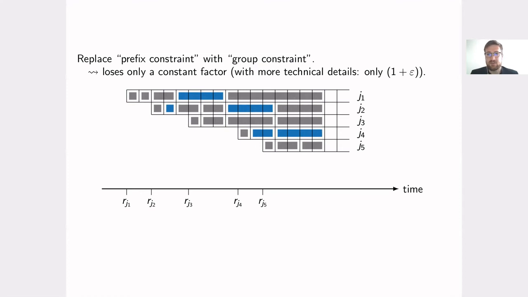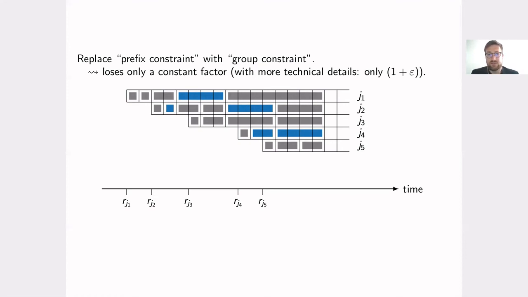And you can actually show that with this construction, you lose only a constant factor in the approximation rate. So a solution for the prefix constraint gives you a solution for the group constraint and vice versa.